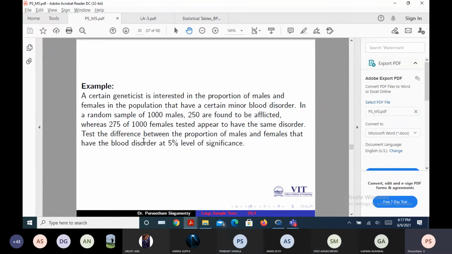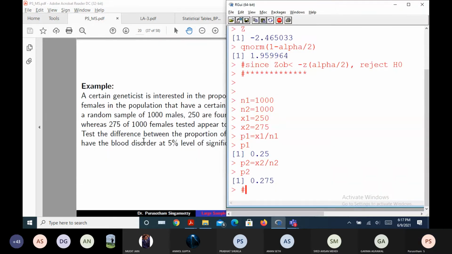Do you have information about the proportion of infection in males and females on a large scale? No, sir. So the population proportions are not known.